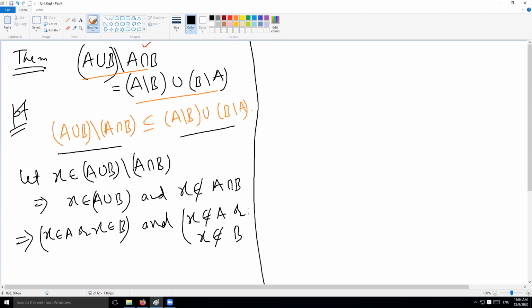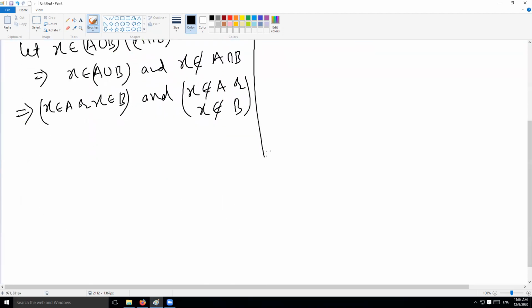Now, this is an AND statement, and in an AND statement you have four possibilities. X belongs to A or X belongs to B, and X does not belong to A or X does not belong to B. Now, there can be four kinds of cases.